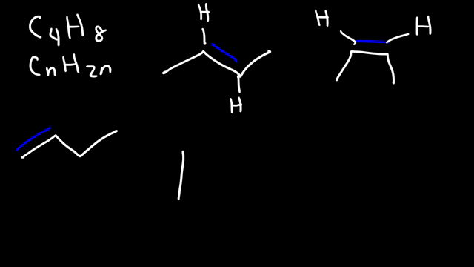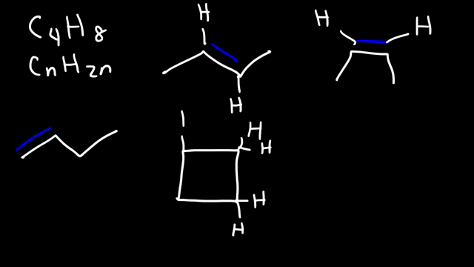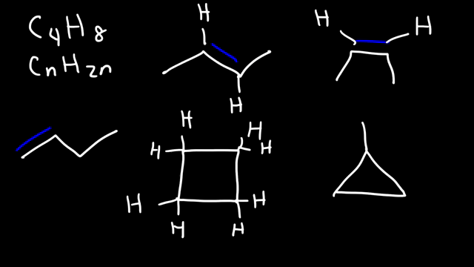We can also draw cyclobutane. Notice that each carbon has 2 hydrogens. We can draw a cyclopropane ring with a methyl group. And so those are some different ways in which we can draw a structure with this formula, C4H8.